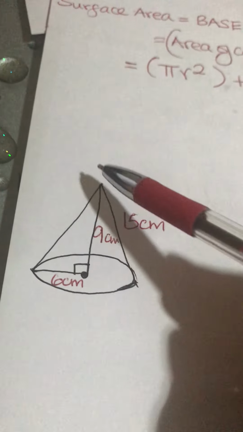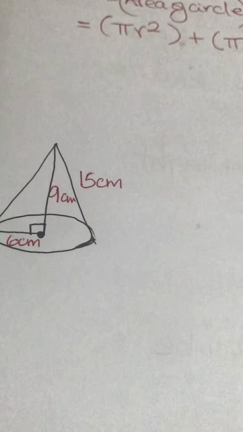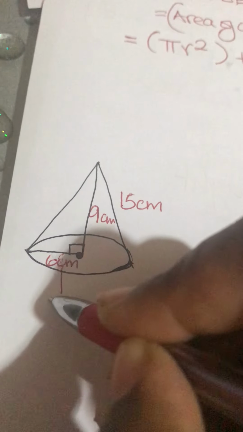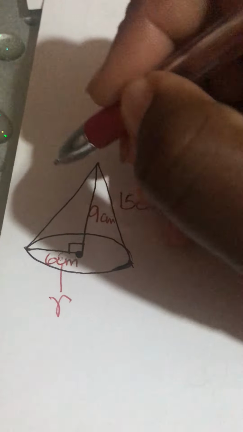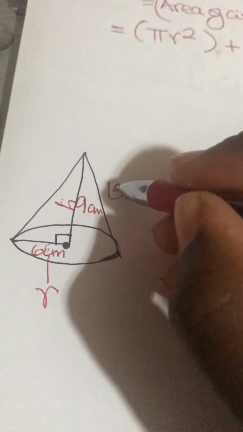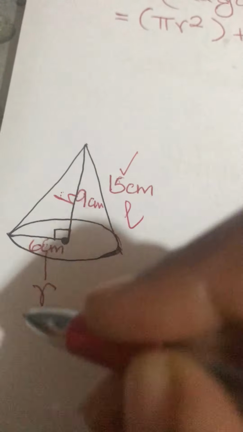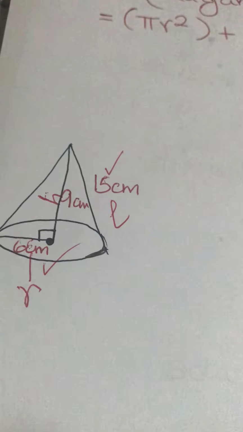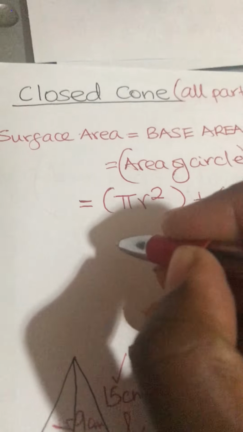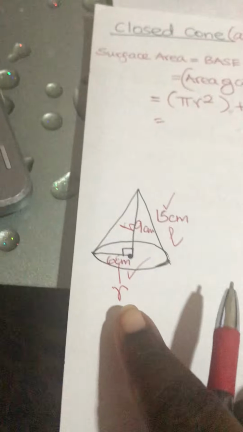Now let us look at our picture. We need to label so that we know which one we are using. 6 is our radius that I am using. 9 is the height. I don't use it. 15 is the L. I will use it. So I will use these 2 numbers. You must know how to identify them correctly. So now you look. This is the radius.